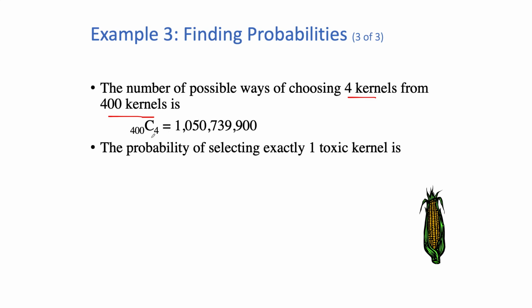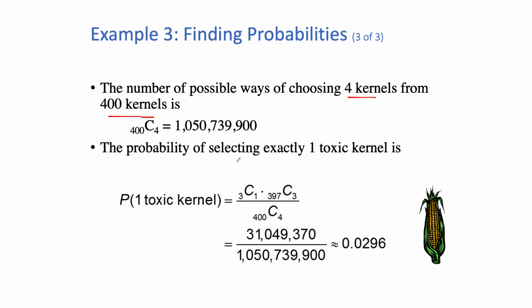So the probability of selecting exactly one toxic kernel is the number of ways I can select exactly one toxic kernel, which is this, over the number of ways of forming samples of size 4 from the available 400 kernels. So this is the size of the event space, and this is the size of the sample space. Again, the ratio is going to tell me the probability, and the probability here is about 0.0296.